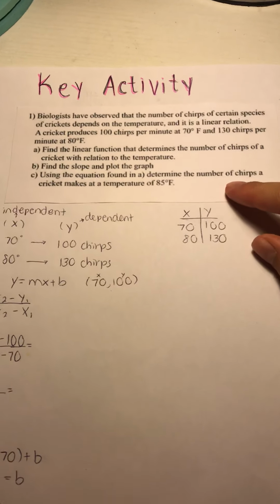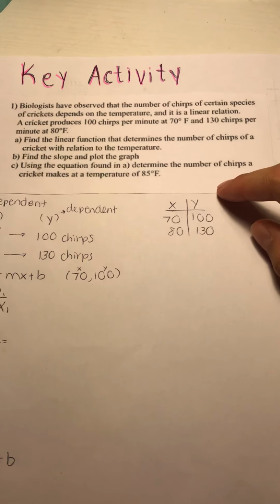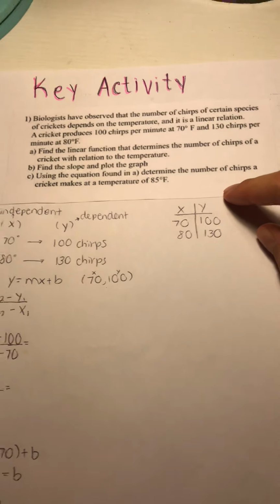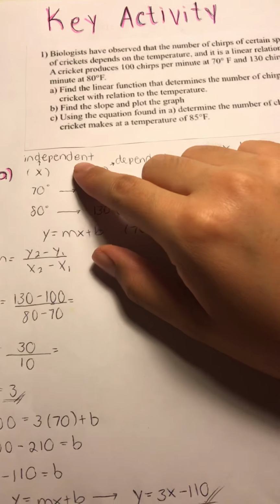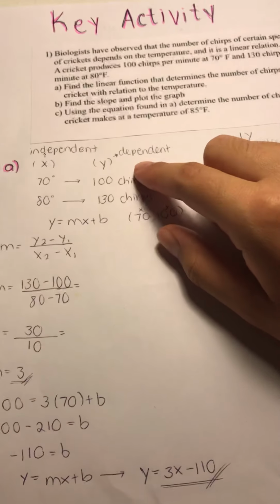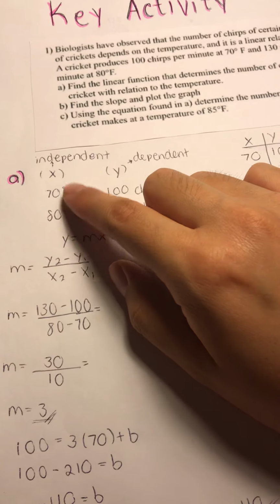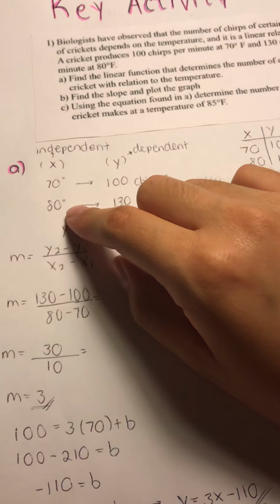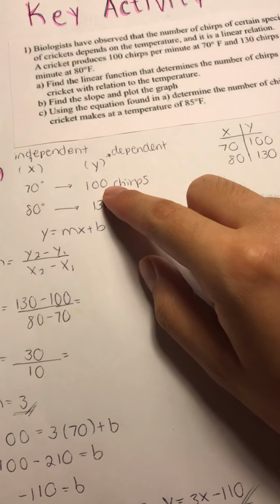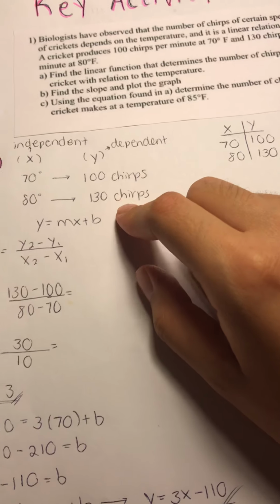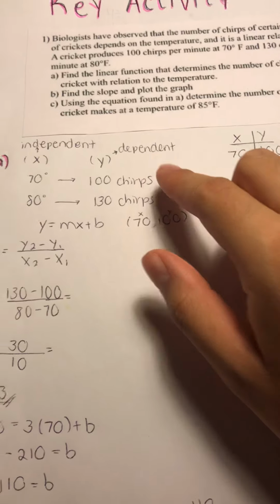And the letter A says, find the linear function that determines the number of chirps of a cricket with relation to the temperature. So the first thing we have to know is that x is the independent variable and y is the dependent variable. And in here we have 70 Fahrenheit and 80 Fahrenheit, which means that there are 100 chirps and 130 chirps, which is the y, the dependent variable.